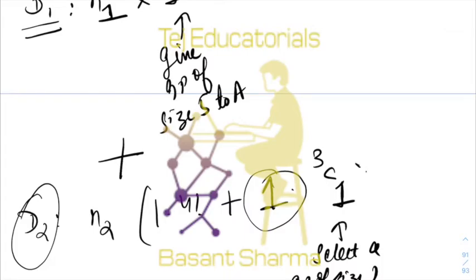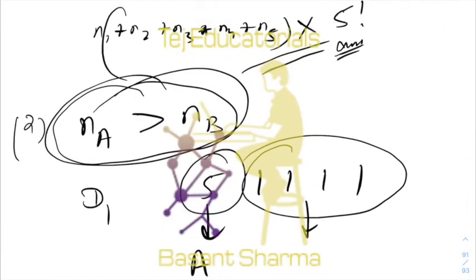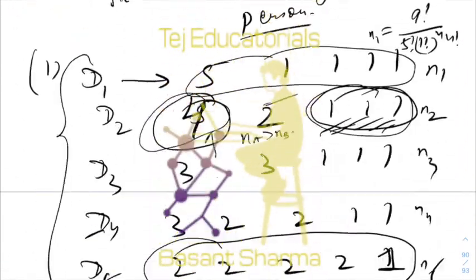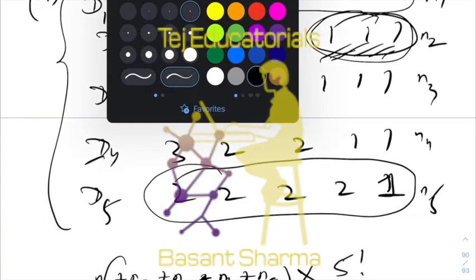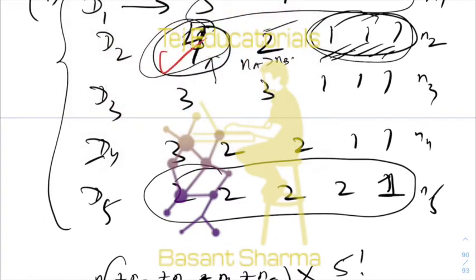Now you have given the group of size 4 and one group of size 1. So now one group of size 2 is left, and two groups of size 1 each are left.